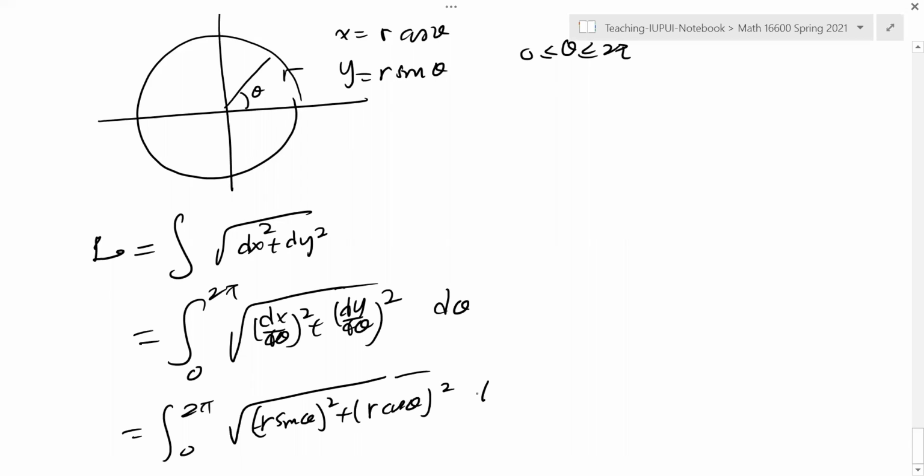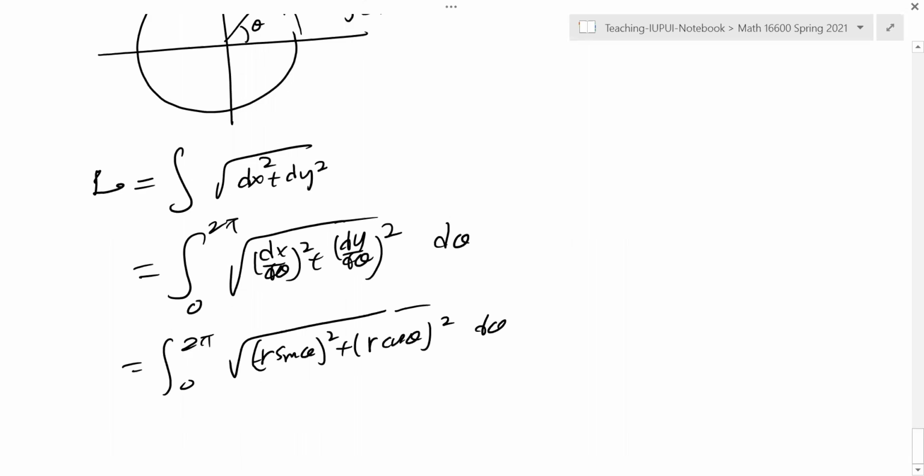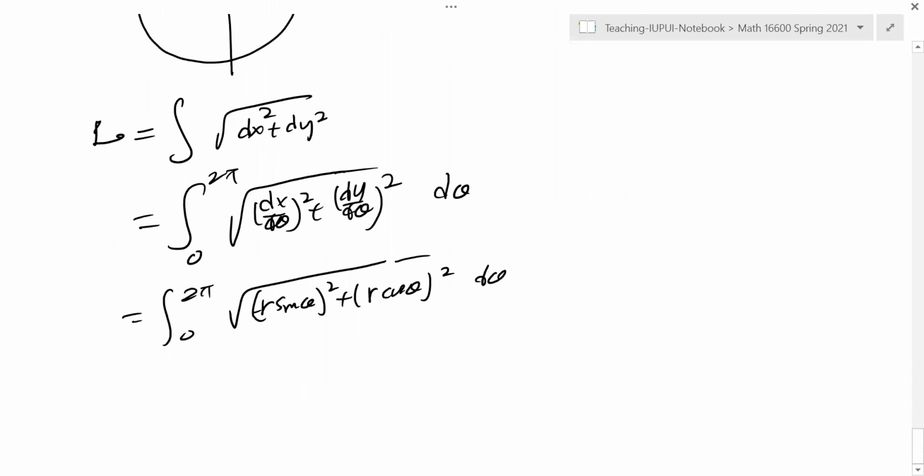When you square them, the inside is just r squared times sine squared theta plus cosine squared theta, which is 1. So it's just r squared, and the square root of r squared is r. Then you have 2 pi. So that's a quick way. Sometimes if you use parametric equations for the curve in the xy plane, you can quickly evaluate the integral and solve the problem.